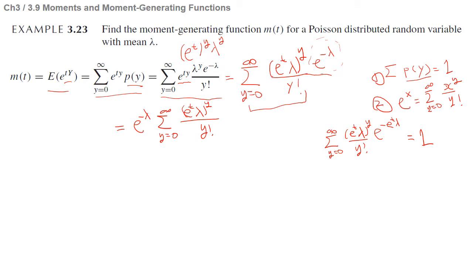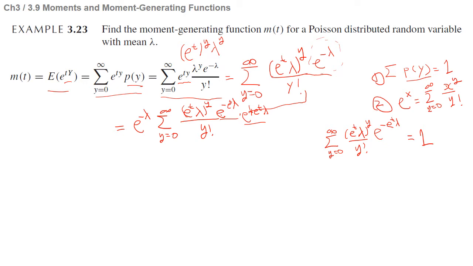So we multiply by e to the minus e to the t lambda and also by e to the plus e to the t lambda, because this times this equals 1.